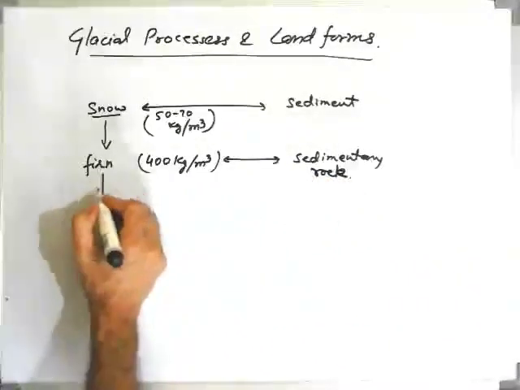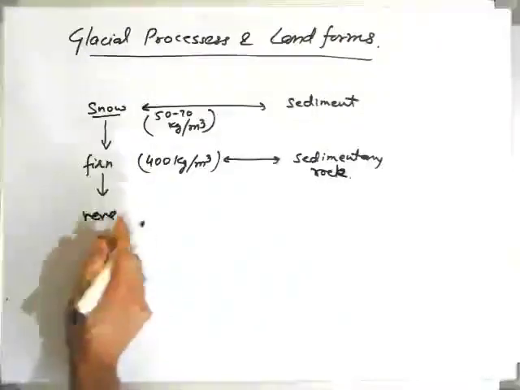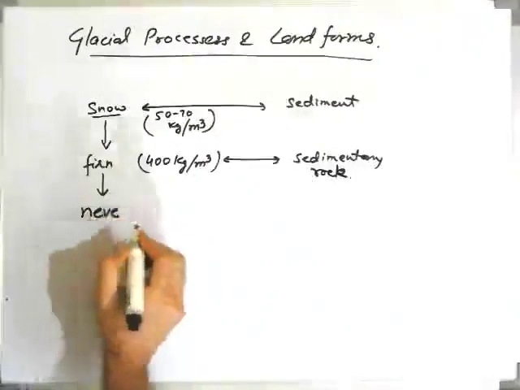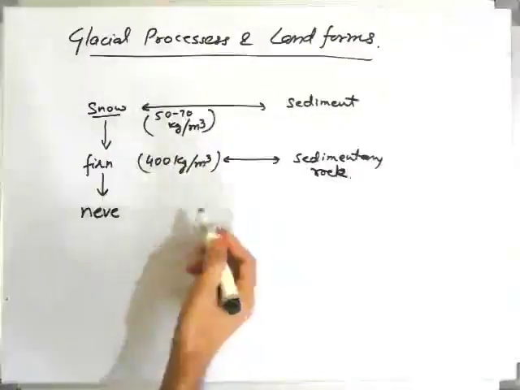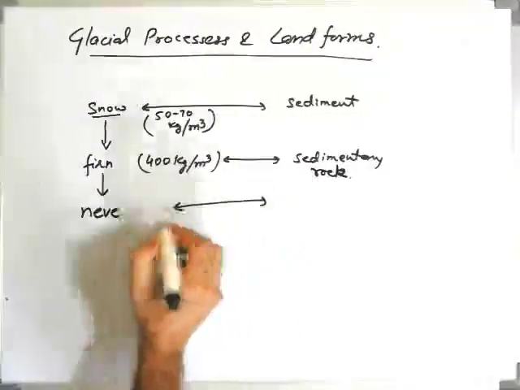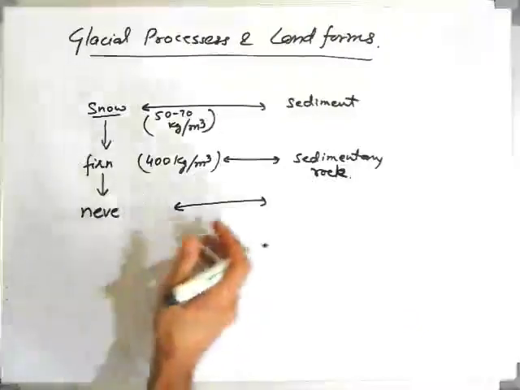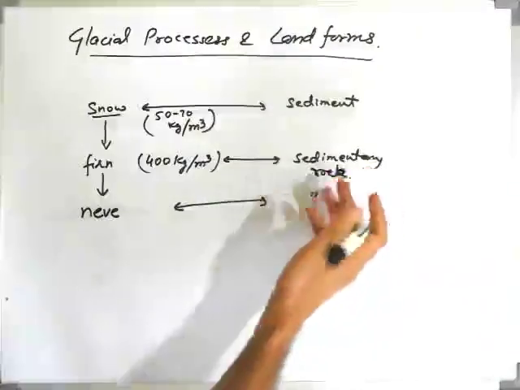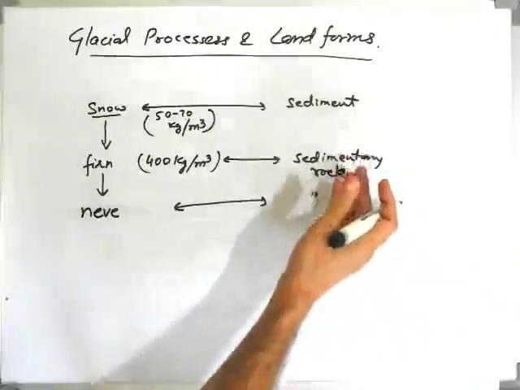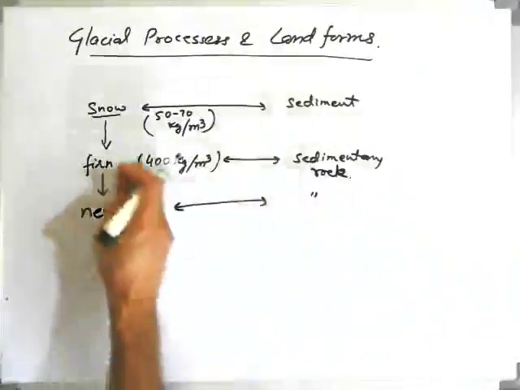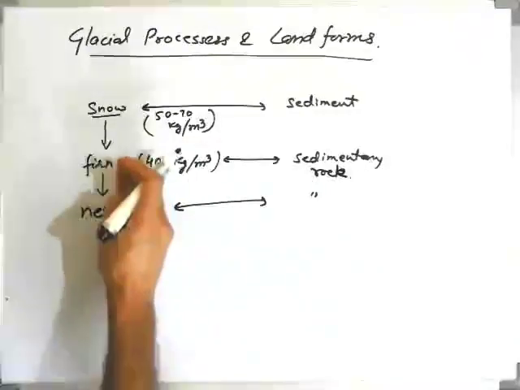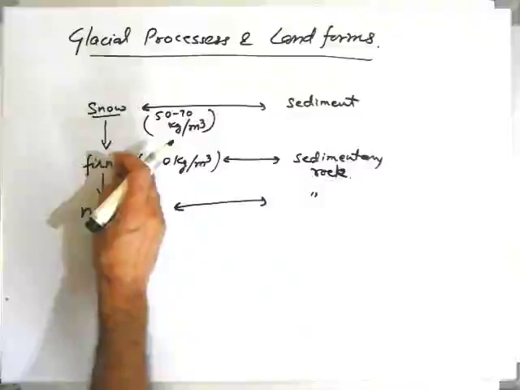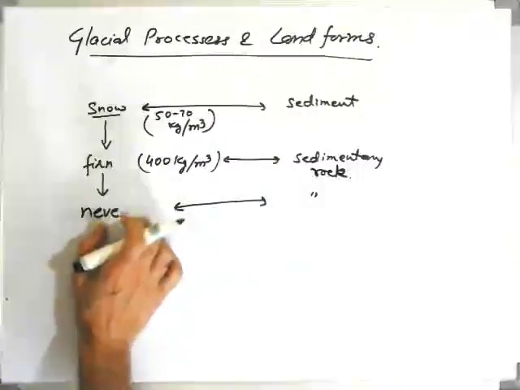Then firn evolves into neve. Here the density further increases, and this is again analogous to sedimentary rock, but more compact. Within sedimentary rocks, we know that some are less compact, some are more. So the difference between firn and neve is just of compaction. Neve has more compaction as compared to firn, and obviously it will have more density.